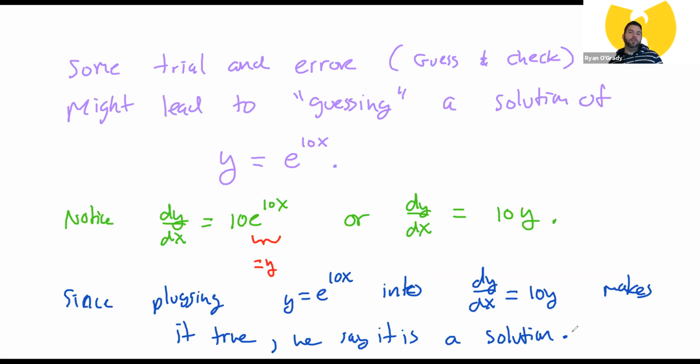Now, I suggested this to you guys way back in Calc 1, if you remember. And one of the reasons the exponential function is so useful as an application in the real world is because it has this amazing property. Think about what this is really saying. It's saying that something's rate of change is proportional to its size. Well, we see that. If you have a biology class and you put bacteria in a petri dish, the growth rate is going to be proportional to its size. If you put money in a savings account, its growth rate is going to be proportional to its size.